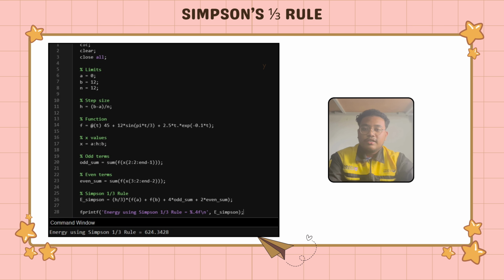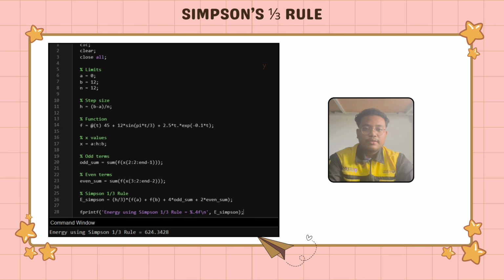Then we put in an x values function. Simpson's 1/3 rule is different from the trapezoidal rule, so it has additional function terms: we put in odd terms and even terms to get our result using Simpson's 1/3 rule.